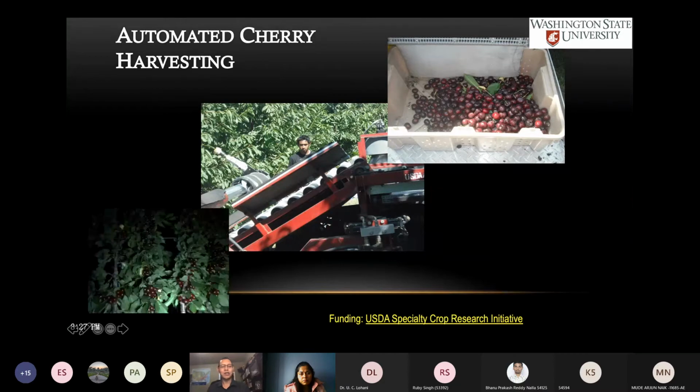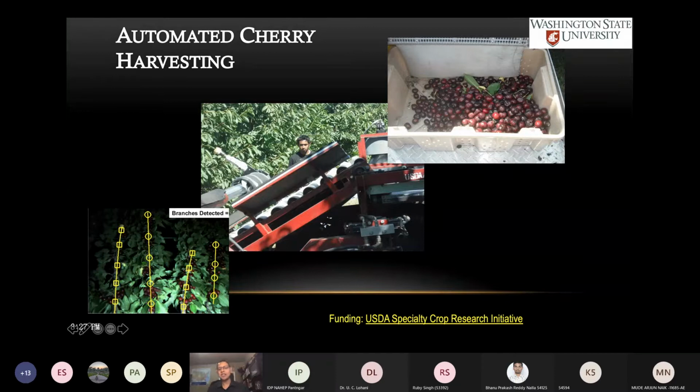And we're also using a machine vision system to capture images both in day and nighttime conditions, identify where the branches are, even under the situation where the branches are completely or partially occluded by the fruit and leaves, as we can see in this particular image. And then once we are able to find where these branches are and estimate the trajectory of these branches, we will be able to go grab those branches automatically using the robotic system and shake the cherries off from these trees.